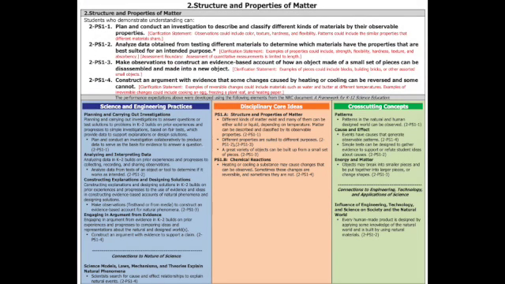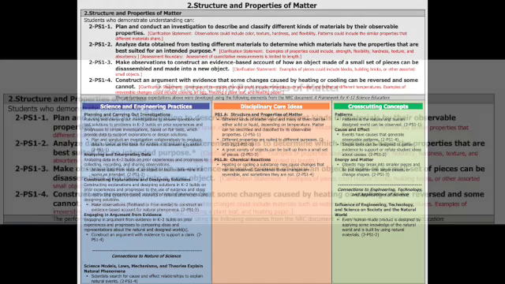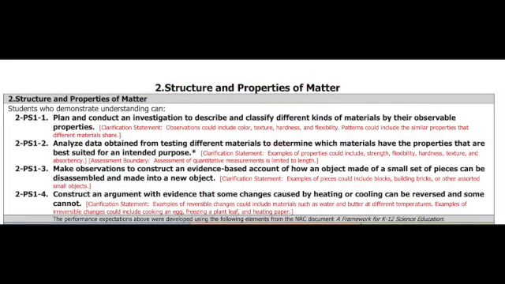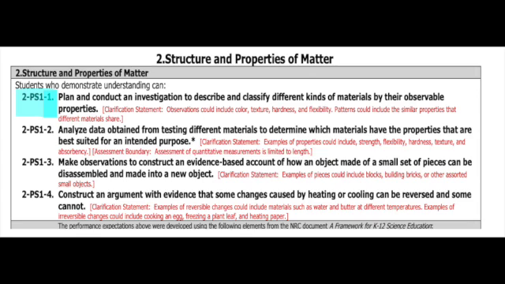But first, let's look at the NGSS standards for Grade 2, Structure and Properties of Matter. PS1-1 for Grade 2 is plan and conduct an investigation to describe and classify different kinds of materials by their observable properties.